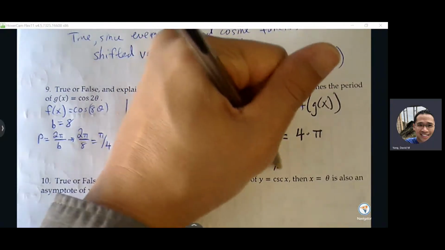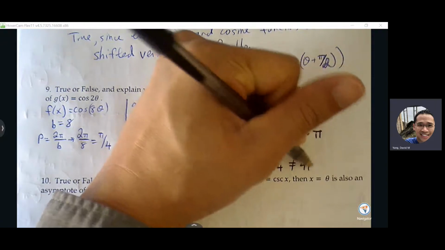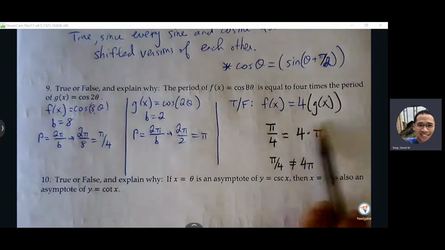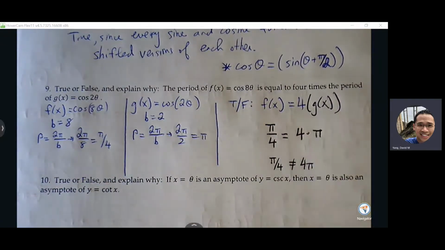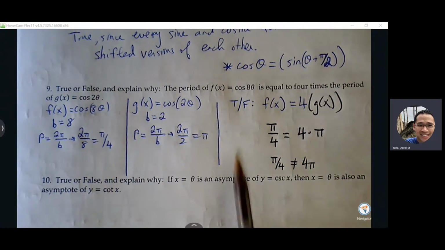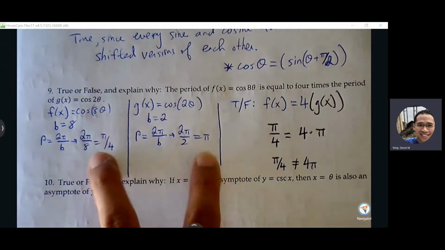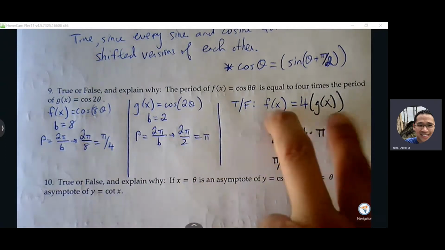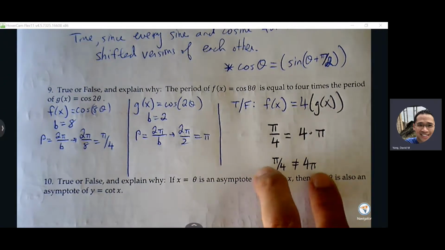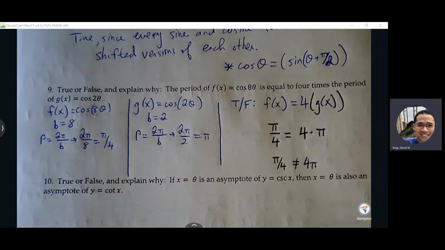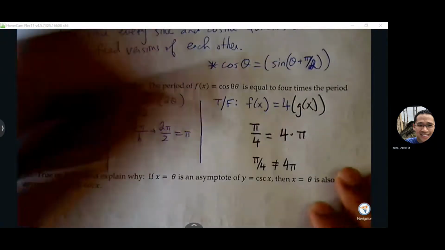Pi over 4 is not the same thing as 4 pi. I mean, we can maybe say it the other way around. Maybe g of x is equal to 4 times that. Maybe that will work out. But here, if you just take that statement, take what you have, find what you can, insert into that statement and see if it ends up being true. There's no need to guess. We can see that it's obviously not true. False.